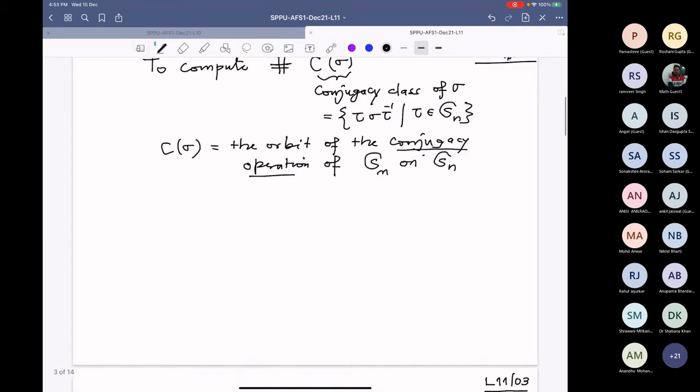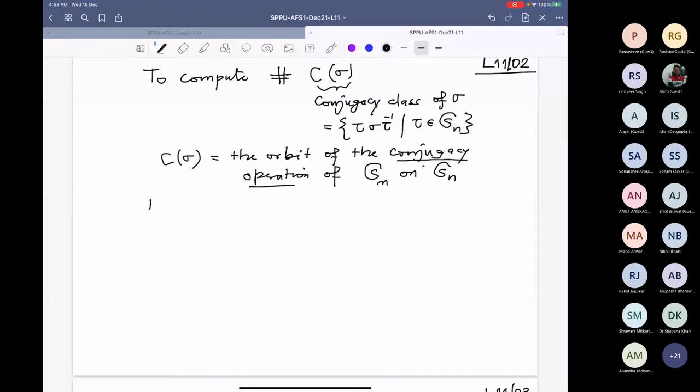And what are the stabilizers? So the isotropy group at sigma is equal to the centralizer of sigma. This is by definition all those tau in Sn so that sigma equals tau sigma tau inverse.